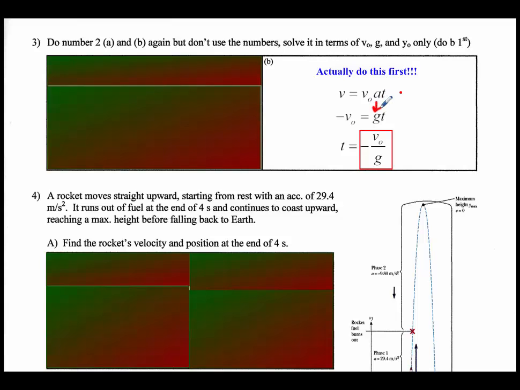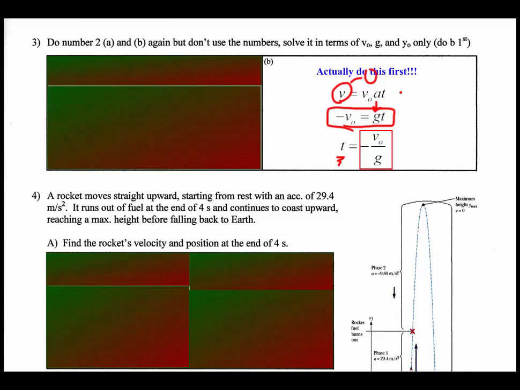We know that the final velocity was 0, so we can just get rid of that. Taking this equation that we had before we plugged in values, we're just rearranging it to solve for time. So time would be negative initial velocity divided by the acceleration of gravity. And you don't want to put in the negative 10, you just want to put in g instead.